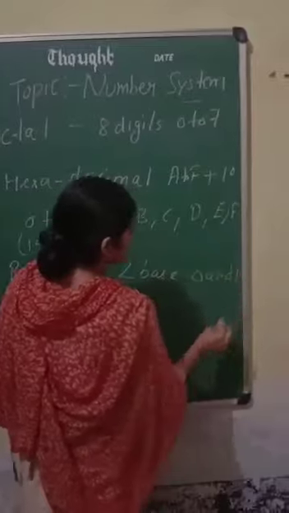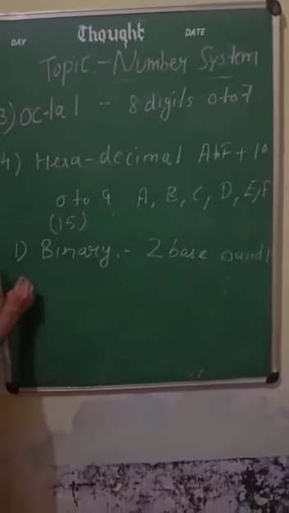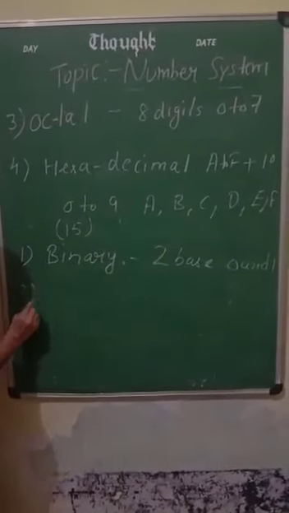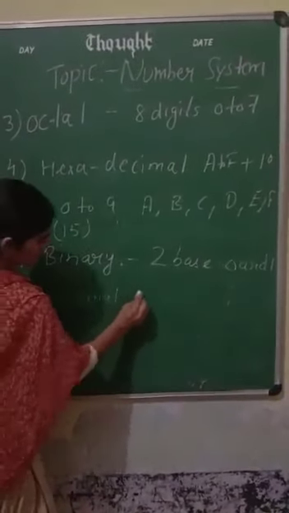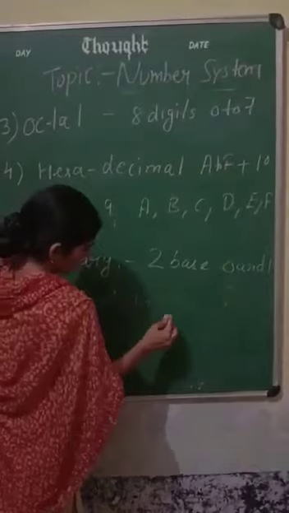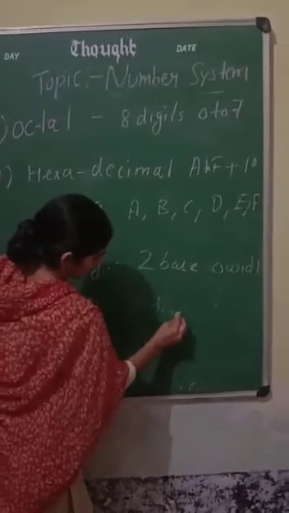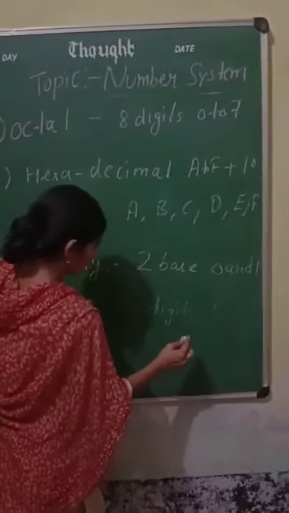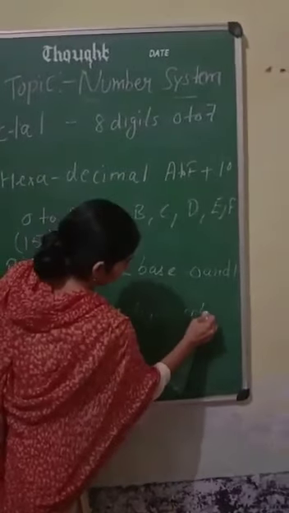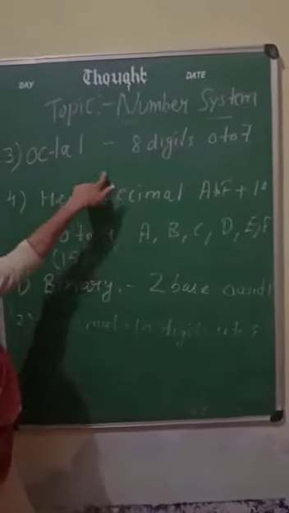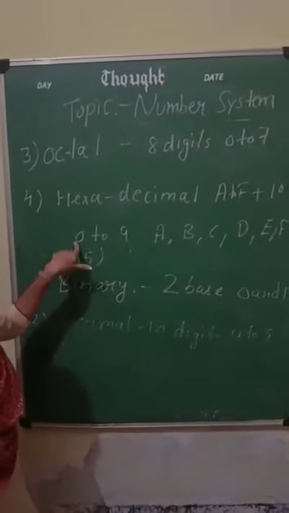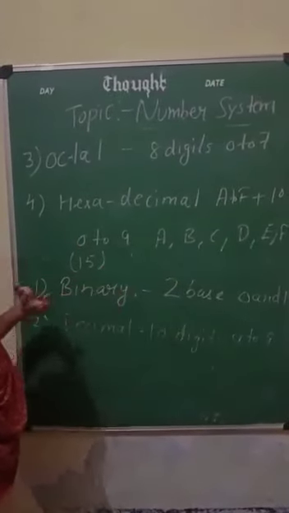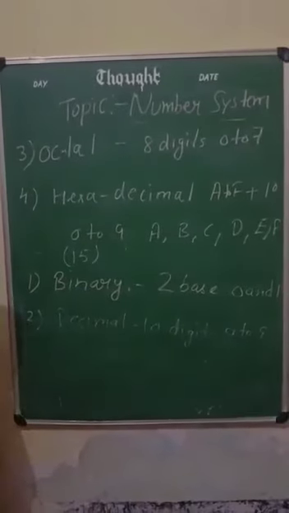Decimal has 10 digits, 0 to 9, so the base of decimal is 10 and the base of octal is 8. The base of hexadecimal is 15 because here we are using 0 to 9 and A to F values. Does everyone understand these 4 topics?